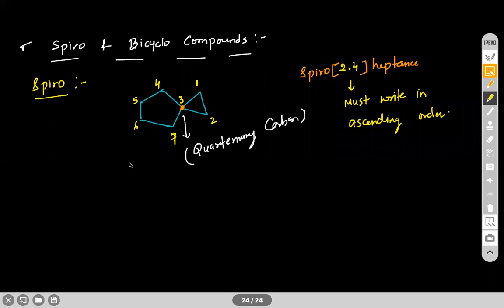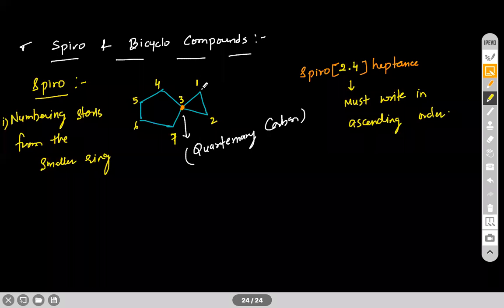I'll repeat, just a second. Okay, so 2 points you have to remember. Numbering starts from the smaller ring. So we start from here 1, 2, 3, 4, 5, 6, 7.